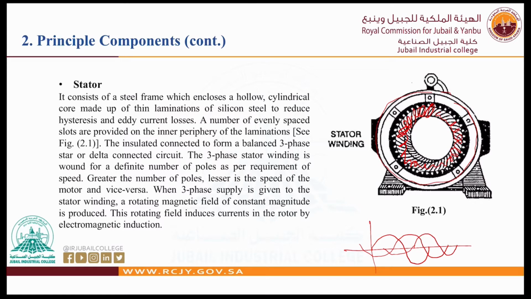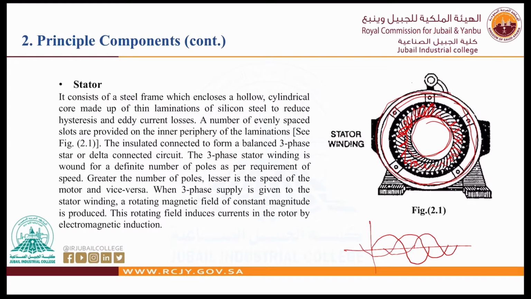Okay, so it consists of a steel frame. This is the steel frame, right? It encloses a hollow. This is hollow because we have empty space here, right? Hollow means empty space. Cylindrical core made up of thin lamination of silicon steel.